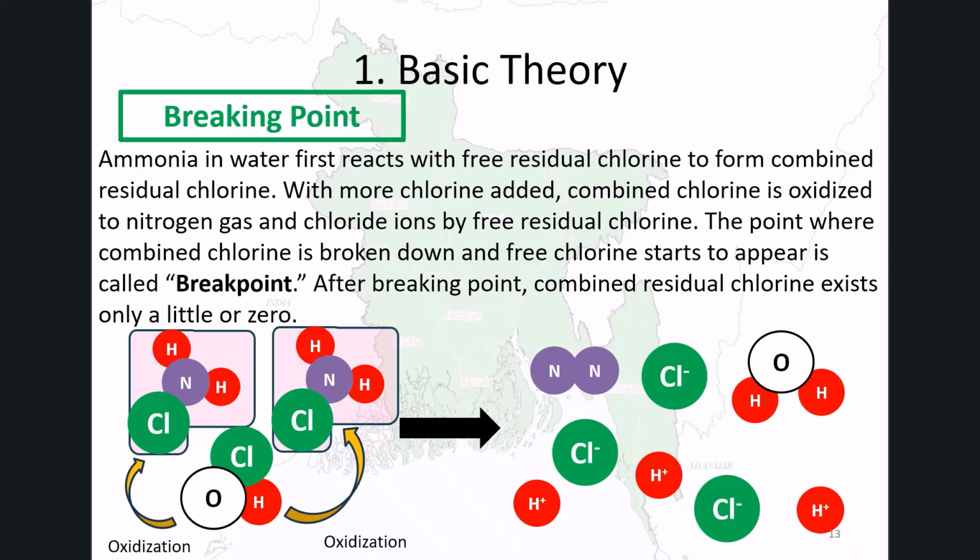Before the breakpoint, most chlorine exists in the combined form and disinfection is weak. After the breakpoint, free residual chlorine becomes dominant and effective disinfection begins. This concept explains why sometimes adding more chlorine suddenly results in a sharp increase in measurable free residual chlorine.